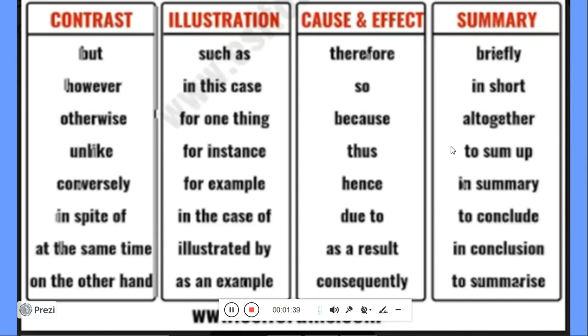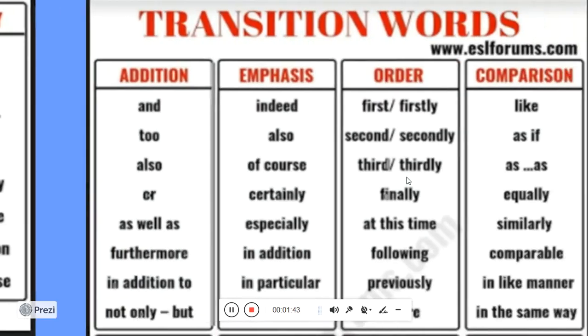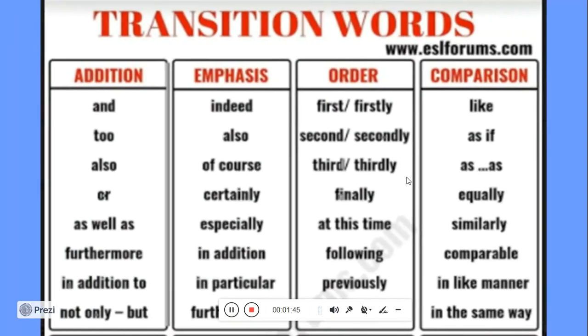Okay, here we still have linking words like addition. If you would like to add some information, use and, too, also, as well as, furthermore. Emphasis, if you want to stress something. Order, the order of events. Comparison. Use these expressions.